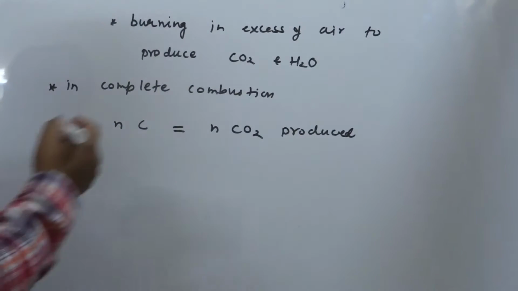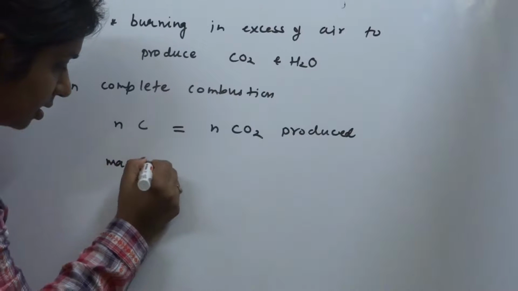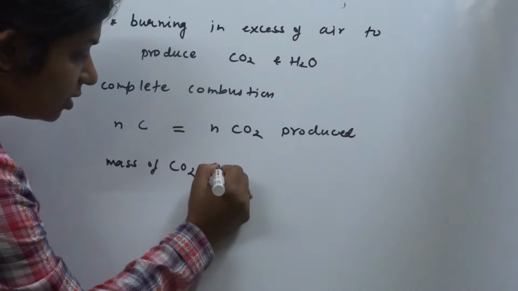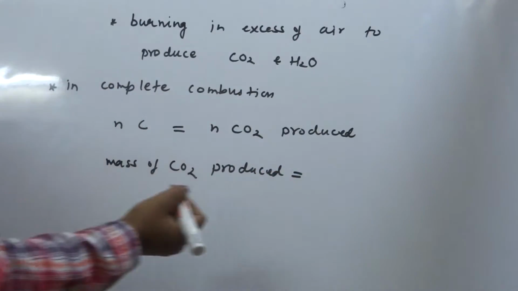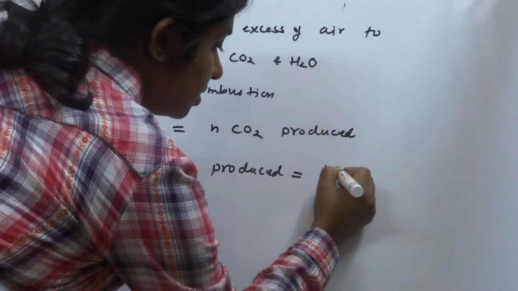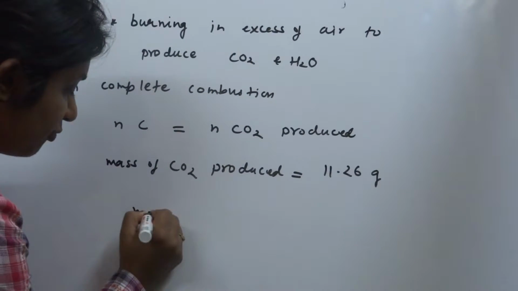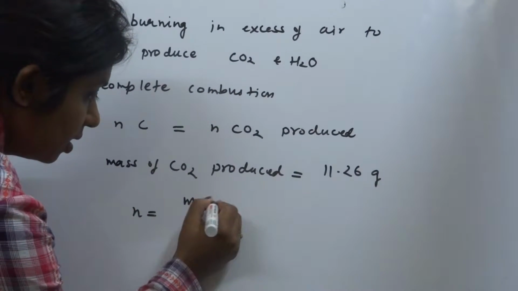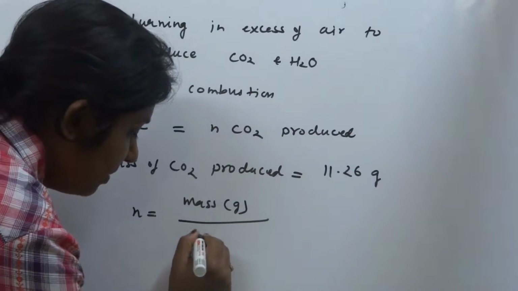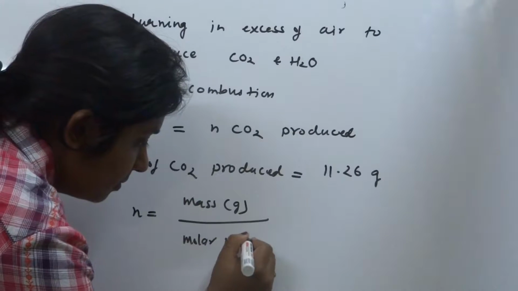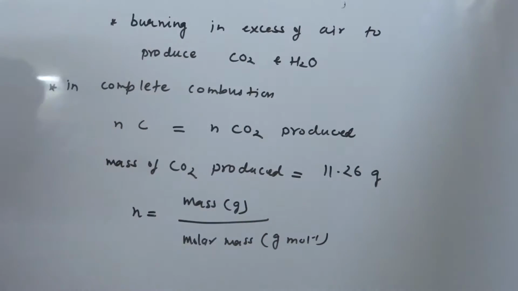So, according to our data, the mass of carbon dioxide produced is equal to 11.26 grams. Now we know number of moles is equal to mass in grams divided by molar mass in grams per mole.